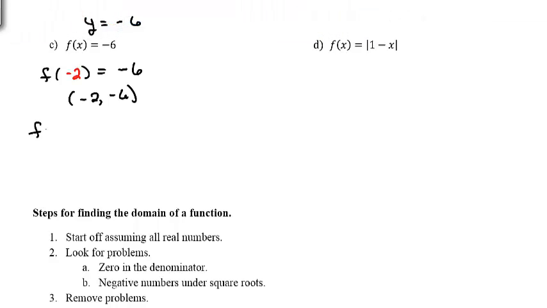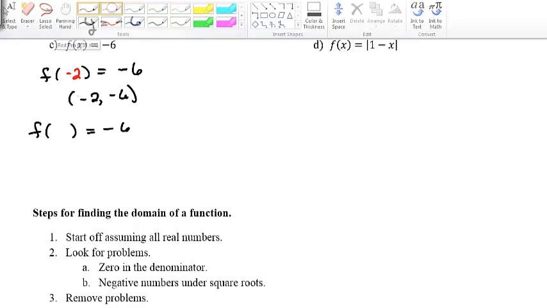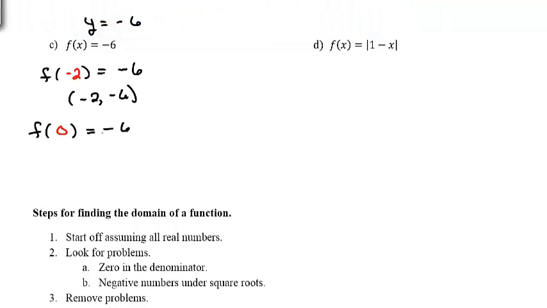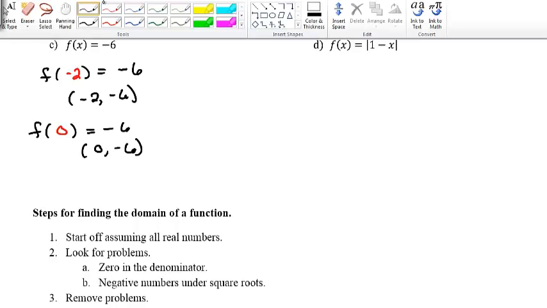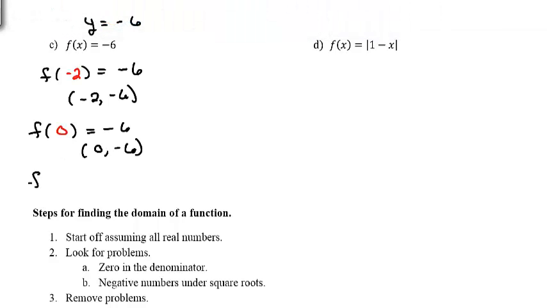Then we want to find f of 0. So f, empty parentheses, equals negative 6. There's no x here for us to put an empty parentheses at. And so we just have f of 0 equals negative 6, and the ordered pair that goes with that is 0, negative 6. And then we want to find f of 4.